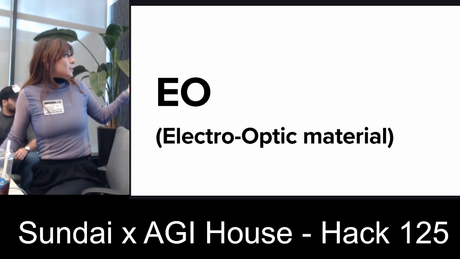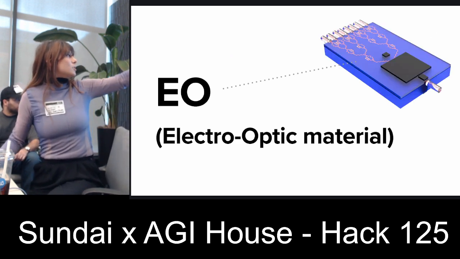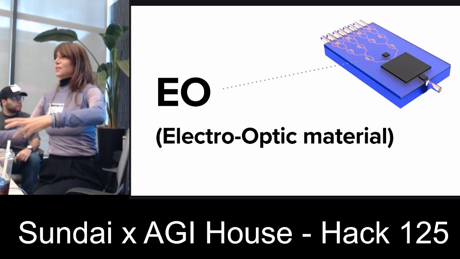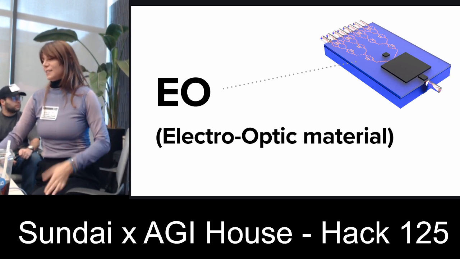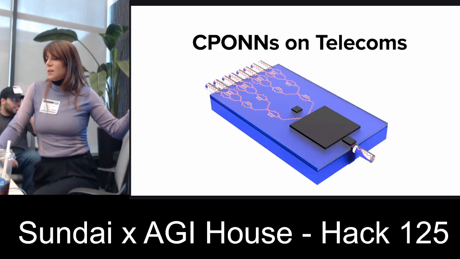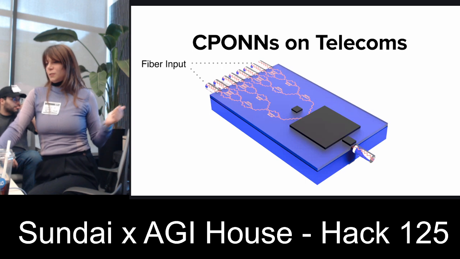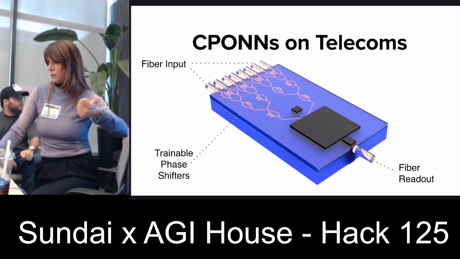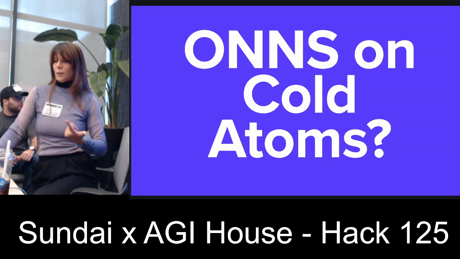And the material is called a high electro-optic material, meaning it can conduct light and electricity equally, or with capacity. So the idea here was, let's put co-packaged optical neural networks on telecoms. The data is already optical. You can train the phase shifters, and the readout would be optical as well.